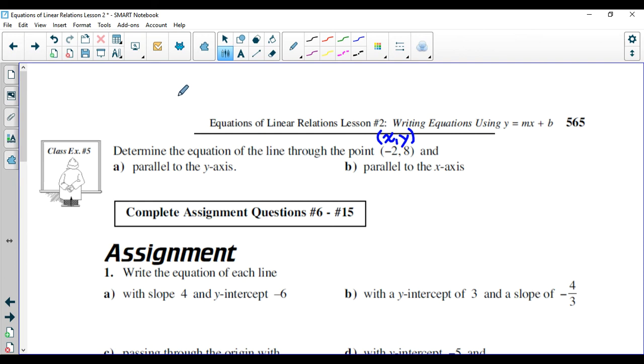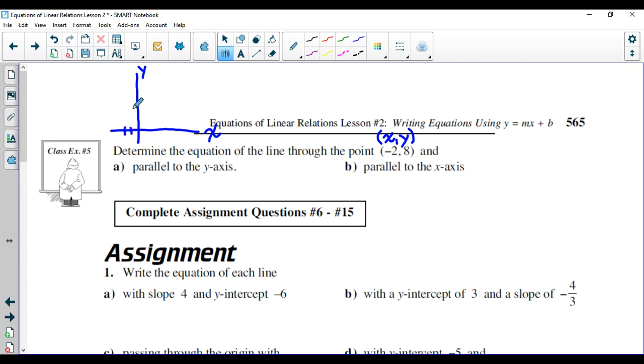Well, maybe we could sketch a little grid just to see what this would look like. So I'll draw a little x and y axis. We're going to focus a lot in quadrant number 3 here. So we'll say this is the y-axis, and this is the x-axis.